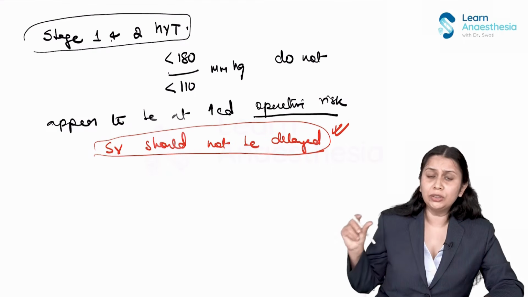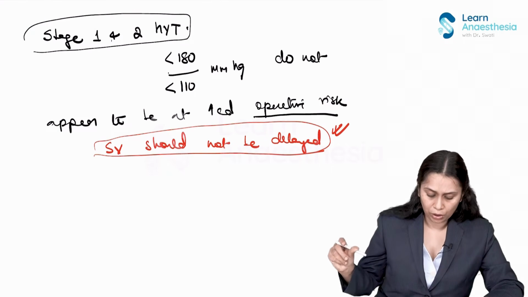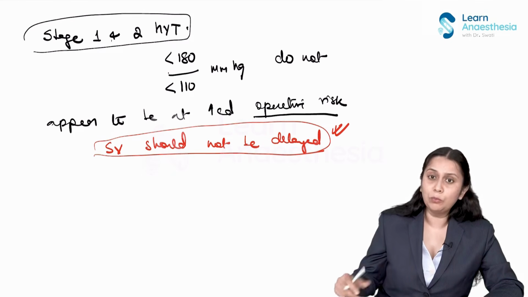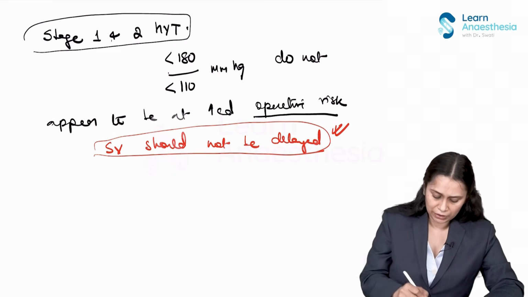If hypertension is associated with heart failure or kidney function impairment, the probability of an adverse cardiac event increases.